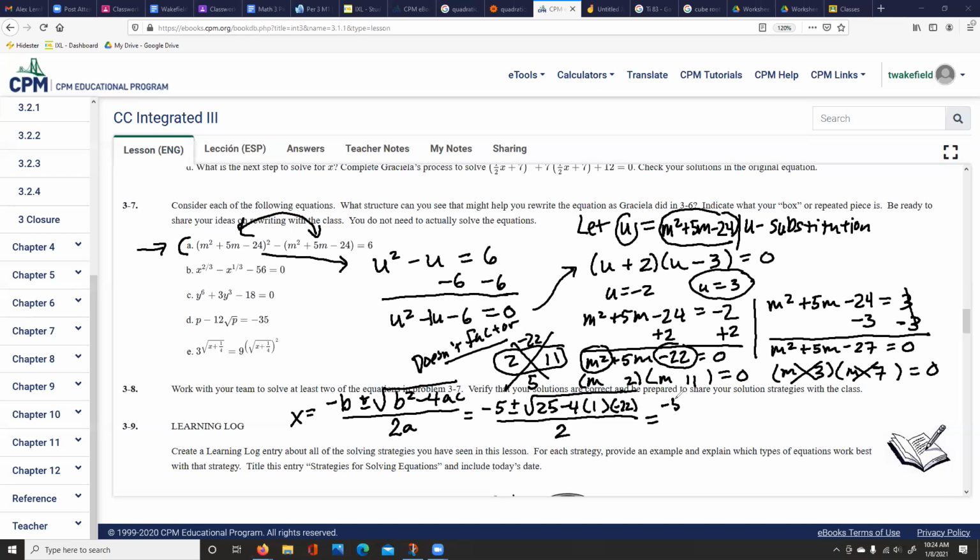So I have -5 plus or minus 25 plus 88. You got to do this part first, the 4ac part. That's positive because a negative times negative is positive. All over 2. 25 plus 88 is 113. So we have -5 plus or minus square root of 113, which is like 10 point something, over 2.